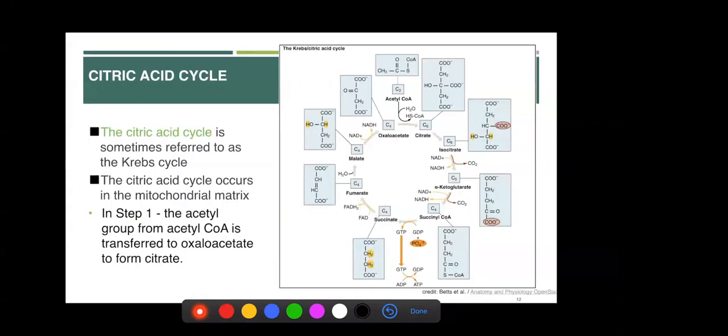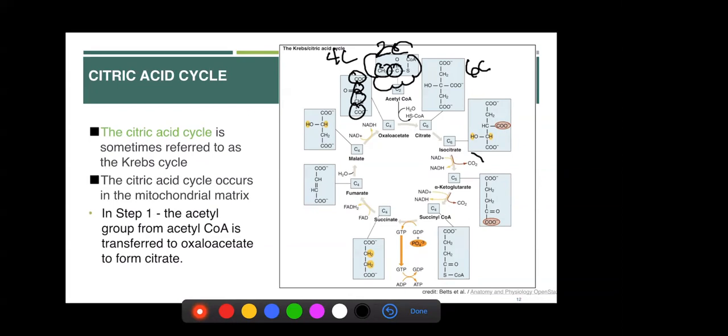And then we're going to go into the citric acid cycle. So we can see here's our acetyl-CoA. Now we have 2 carbon molecules, and it's going to hook up with a 4 carbon molecule called oxaloacetate. And so when we have 4 carbons plus 2 carbons, we're going to end up with 6 carbons, and that is citric acid or citrate, which is where we get that citric acid cycle from.